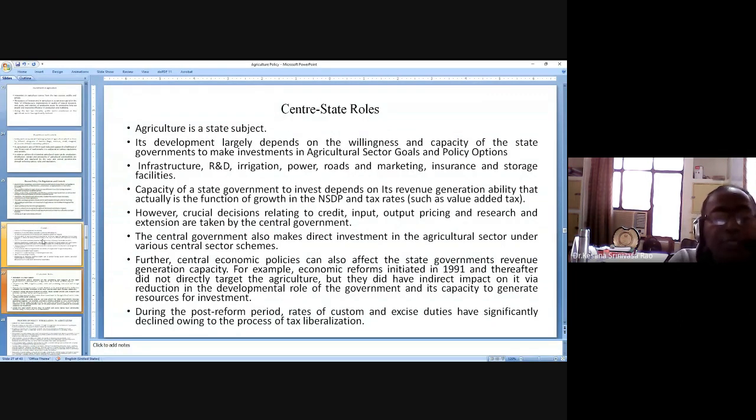During the post-reform period, rates of customs and excise duties have significantly declined owing to the process of tax liberalization. This is one of the most important points which we have to see. After the LPG process started, agriculture has not been affected directly, but indirectly it has been affected in different ways. Next slide.